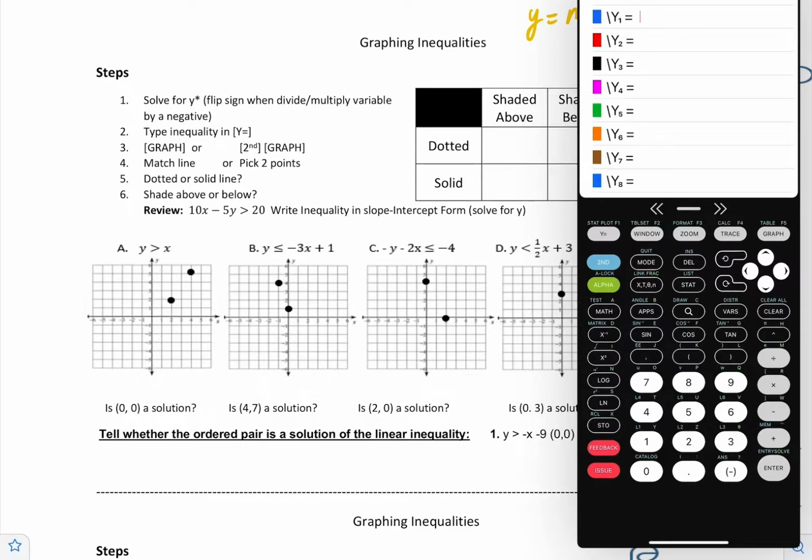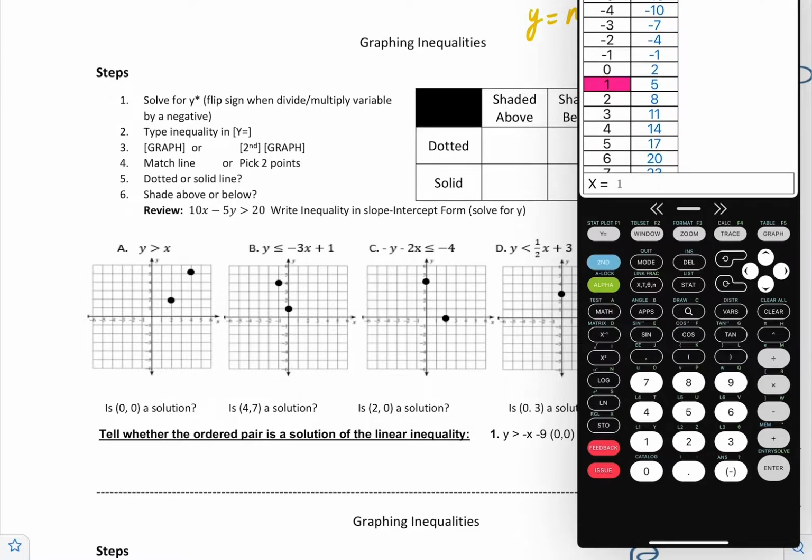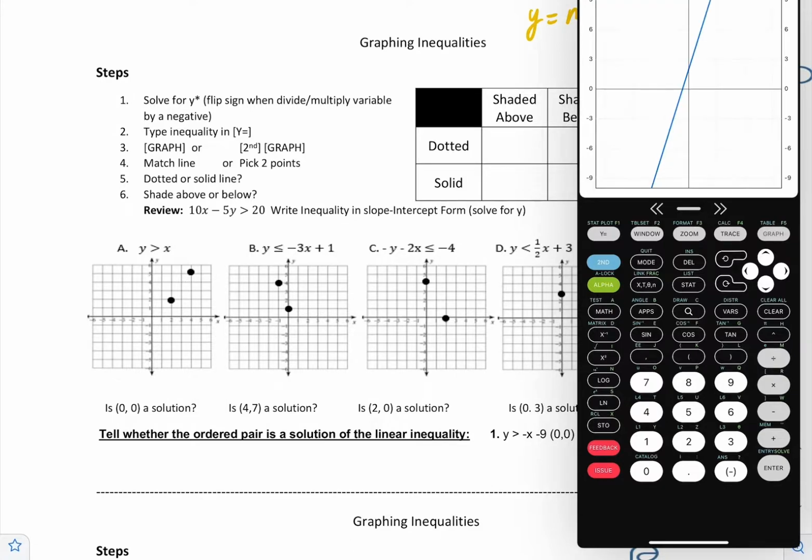But if we want to graph 3x plus 2, if we press graph, we have a little something here. And every point that is in the graph is shown right here in the table. So all these points are on this line, right?